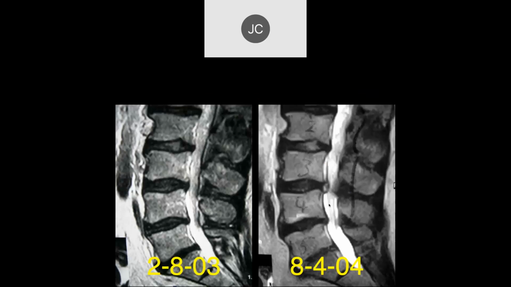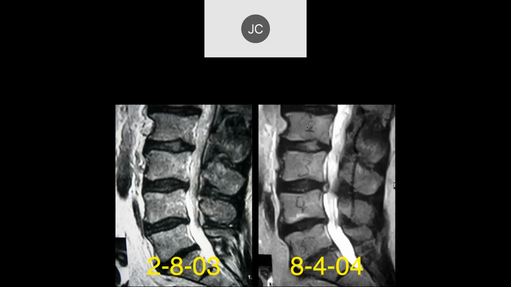Okay, Elliot. Okay, so sagittal T2 views of the spine. Looking at L3-4, that's the old clean film days.